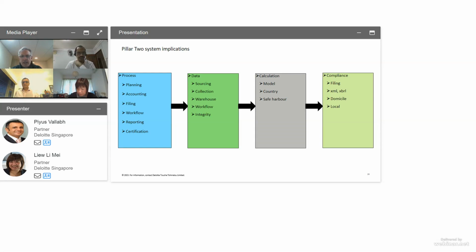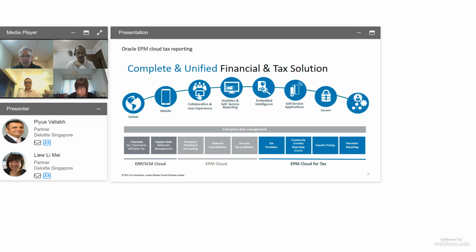And today we're going to talk about how Tax Reporting Cloud, Oracle's tax reporting solution, will address the Pillar 2 challenges. And first, we have a slide which shows where our tax reporting solution sits in our comprehensive financial solution. In the middle of the screen here, you can see an enterprise data management solution that is used to manage all the metadata, the entities, and the accounts across all of the ERP and EPM cloud systems.